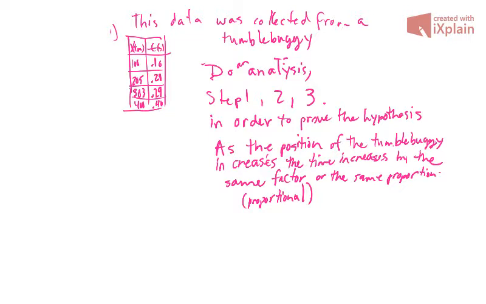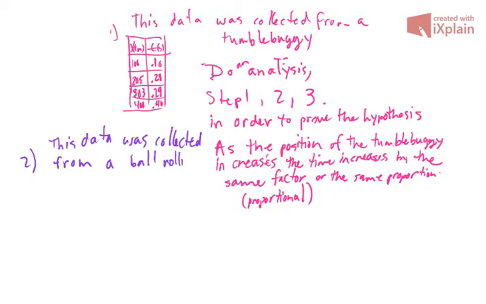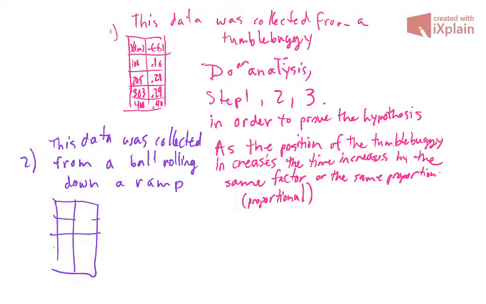And you have one more, which represents the second lab you did. So this data was collected from a ball rolling down a ramp. All right, and here's your data. x meters, t seconds.